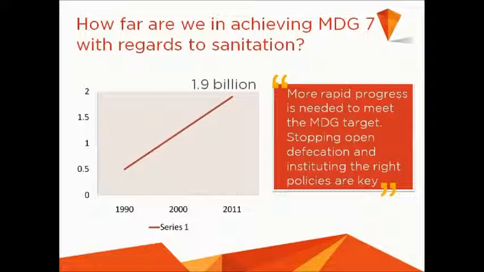The situation was most severe in the WHO African region, where the percentage of the population using improved sanitation facilities only rose from 30% in 1990 to 34% in 2008.